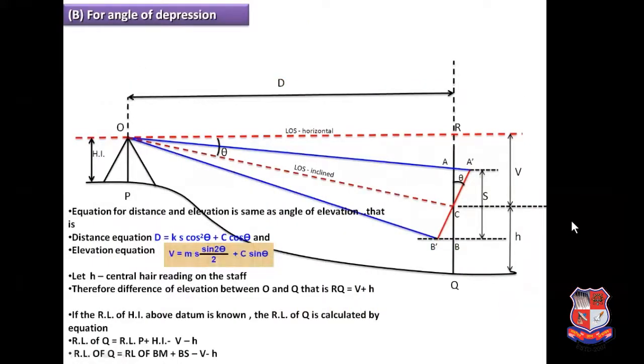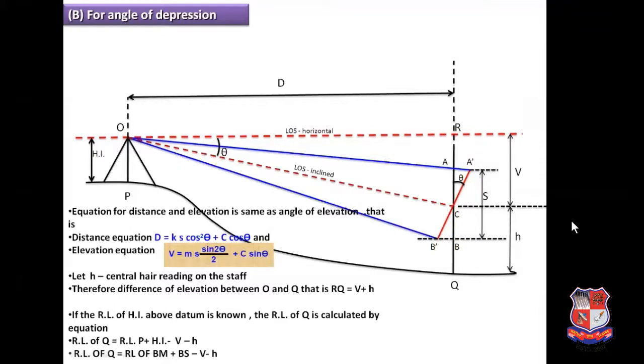Now, in this case, when the angle of inclination is a depression and the staff is vertical, how do we find the equation for the distance, vertical intercept and RL of the staff station Q? I want to make these things clear.